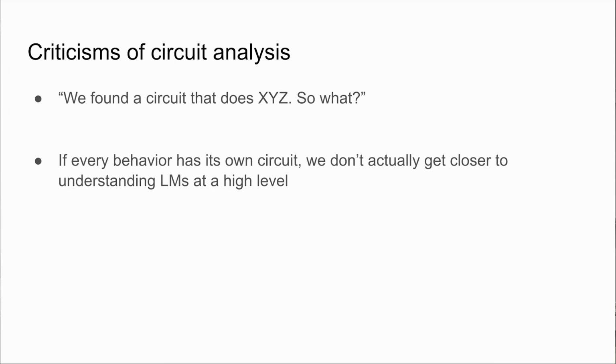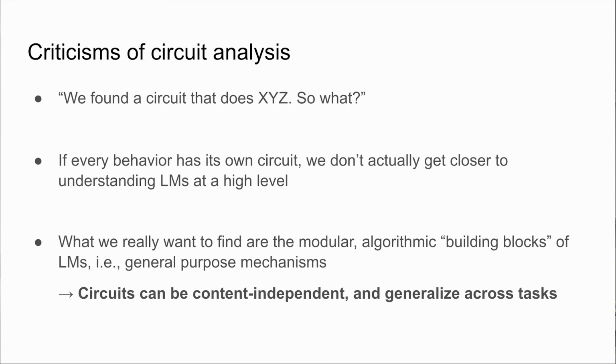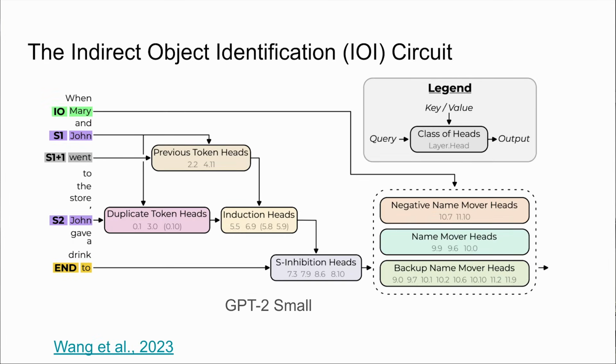We don't really care about, as you'll see, the indirect object identification task very much. It's one of many things that language models can do. But what we really want are algorithmic building blocks, general purpose mechanisms, kind of like induction head type things, but for all behaviors. And the argument I'm making is that circuits can be content independent and generalize in the way that we care about.